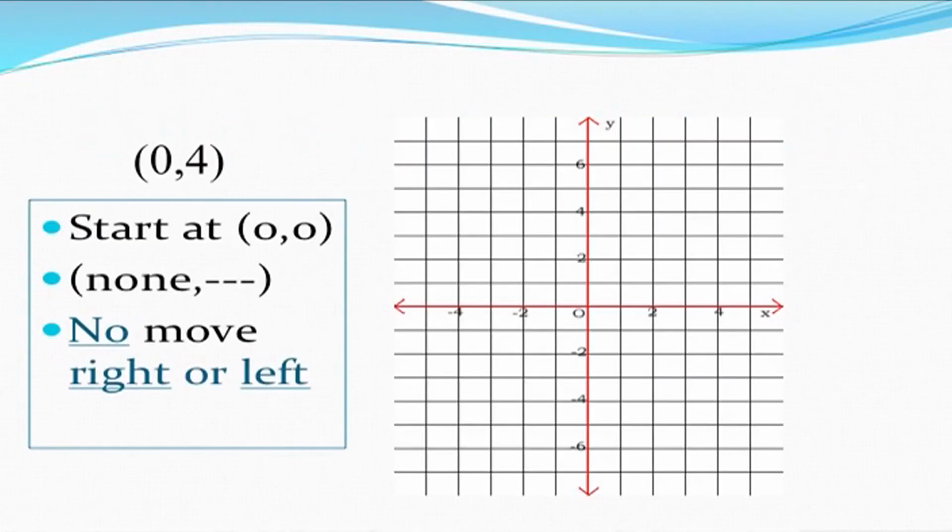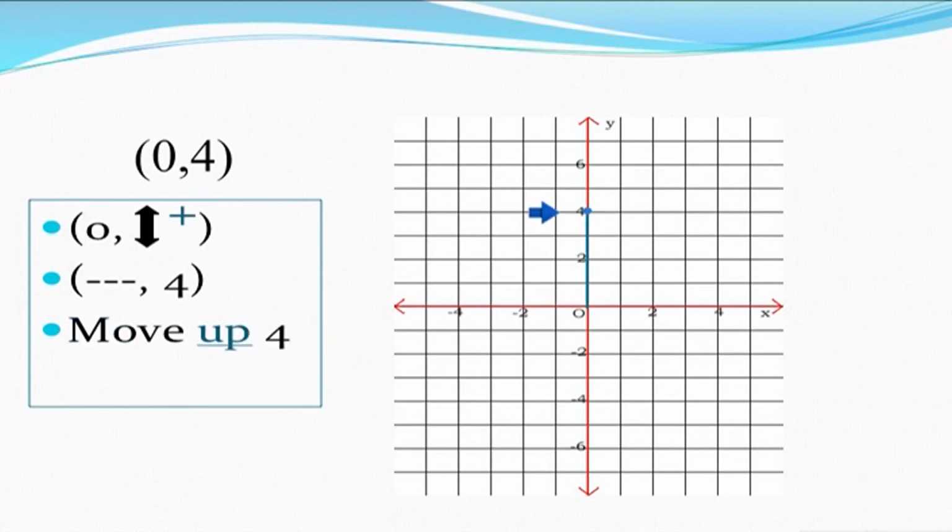Now lastly, let us look at graphing of (0, 4). The x coordinate is 0, so we do not need to move to any place on the horizontal axis. There is no move either right or left.